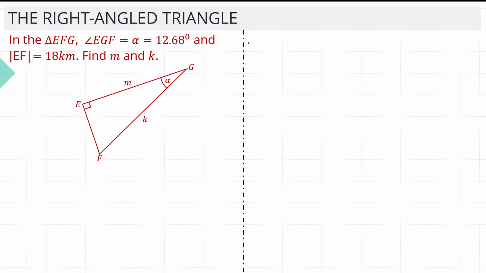Now I'm leaving you with this question. When you solve it well, you are going to get the value of h to be equal to 80 kilometers and the value of k to be 82 kilometers.